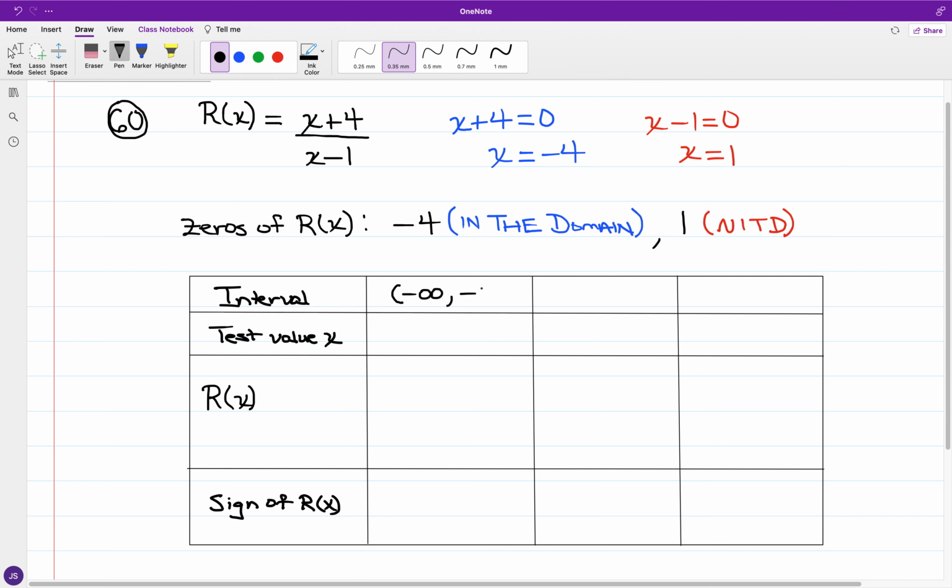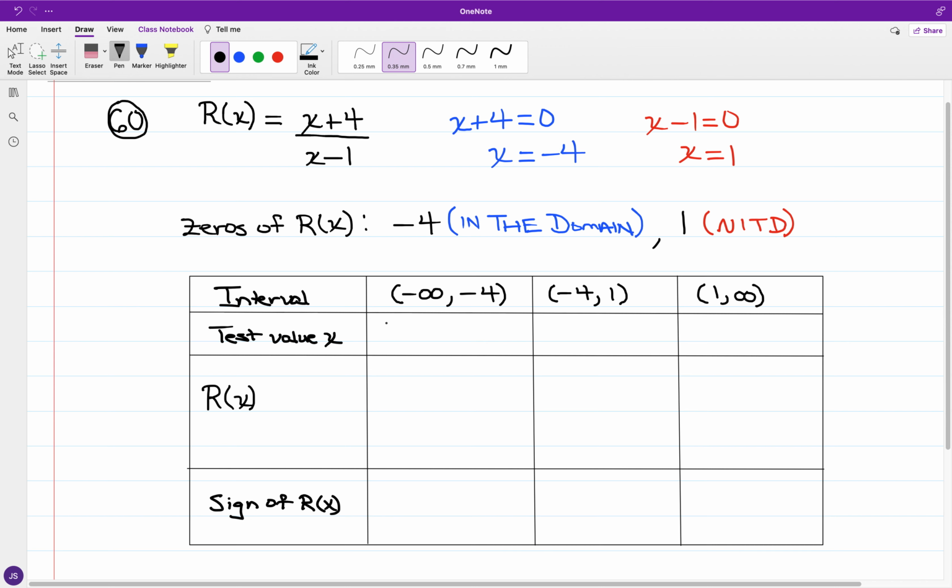So we have values of x less than negative 4. Bypassing negative 4, the next interval has those values of x such that negative 4 is less than x is less than 1. And for the rest, we have those values of x which are greater than 1.